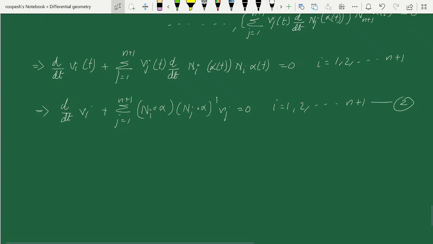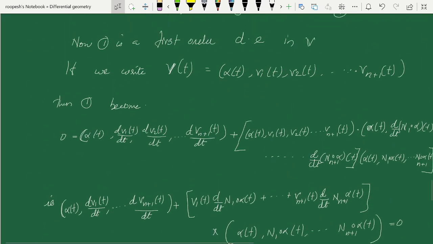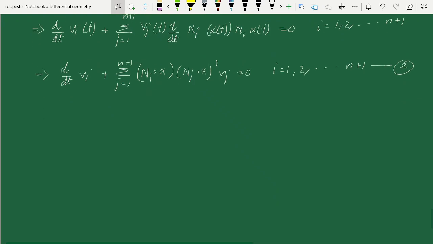Then equation 1 is equivalent to the system of first order differential equation 2. Since we have got this from equation 1, we have substituted the components and reduced it like this.